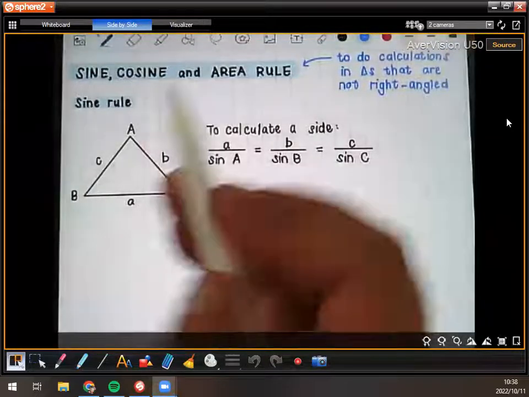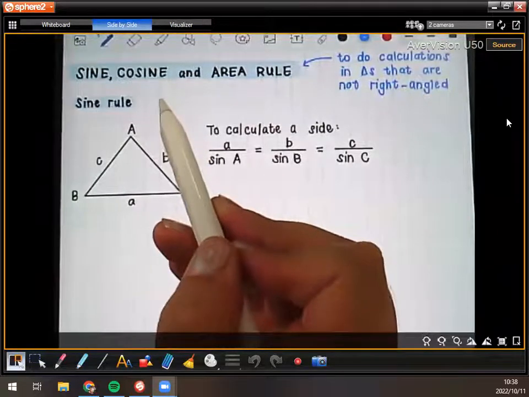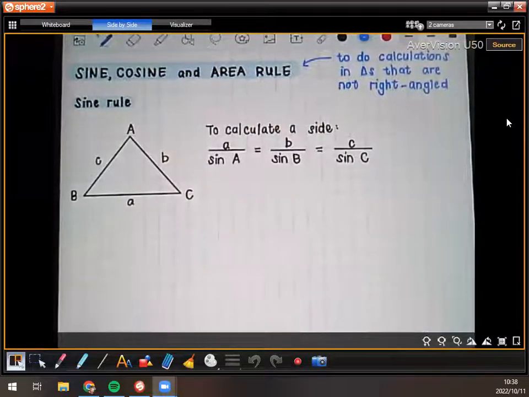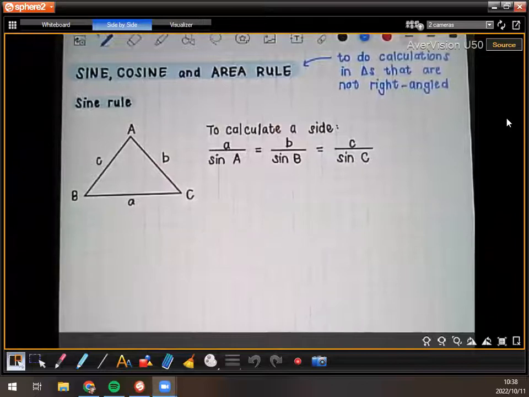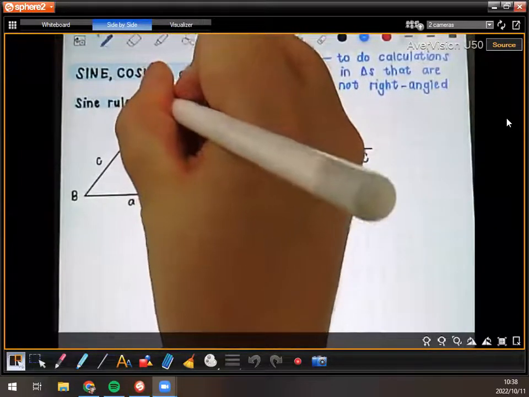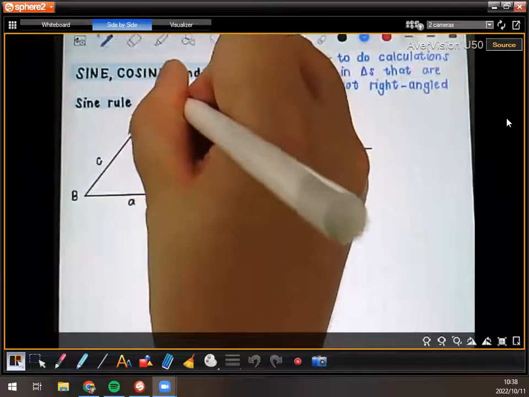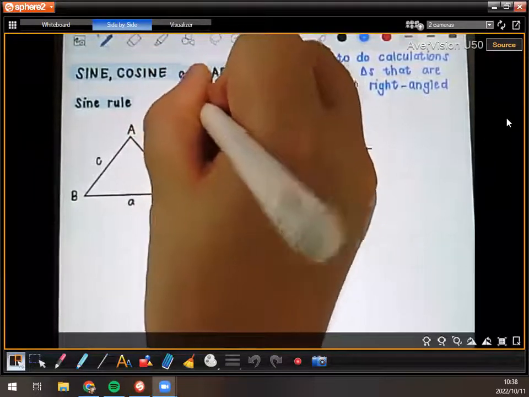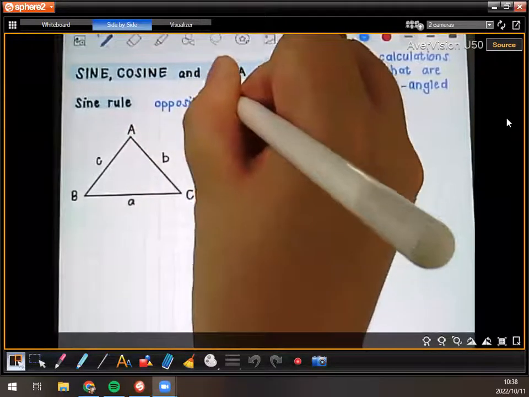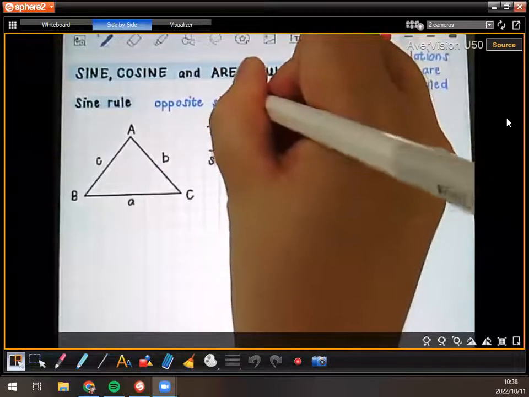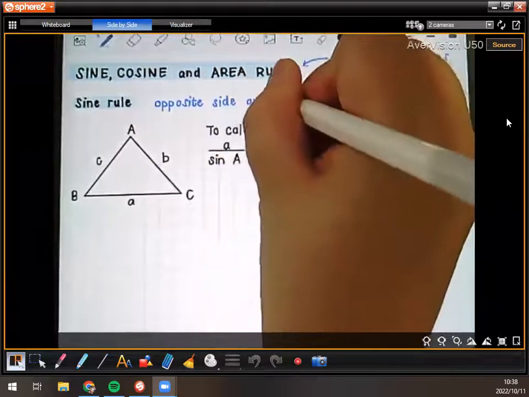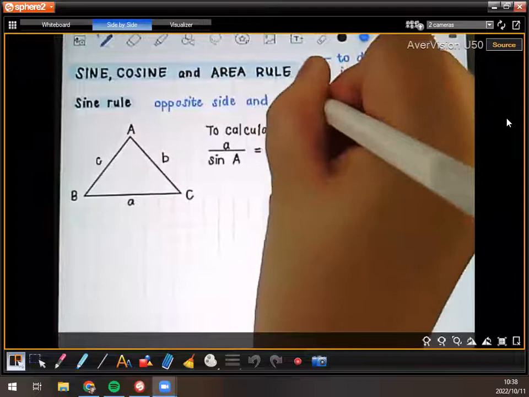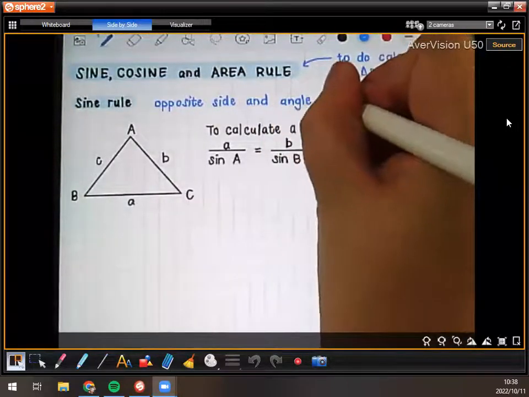So guys, just here next to sine rule, I'm going to write that sine rule always works with opposite sides and angles. So let's see now when we're actually using it in the question.